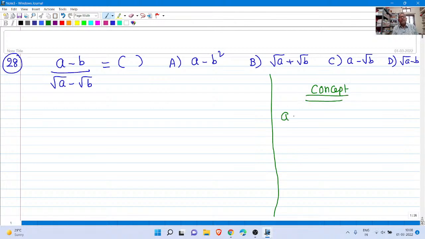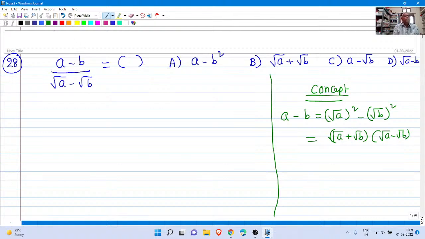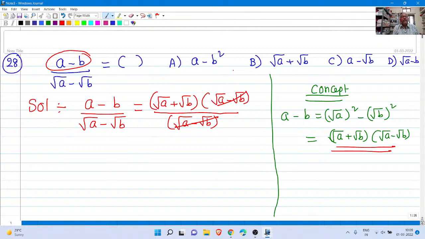See, A minus B, for our convenience, we can write as root A whole square minus root B whole square, which is in the form of A square minus B square. So we can factorize it. What are the factors of this one? Root A plus root B into root A minus root B. Now in the place of A minus B, we have root A plus root B as our answer.